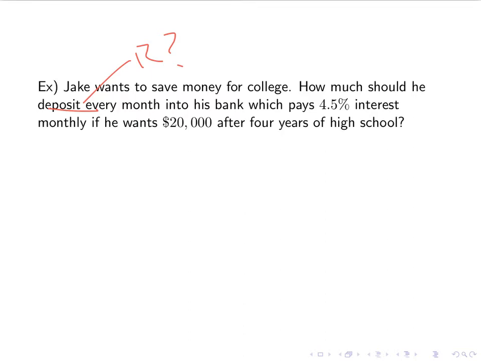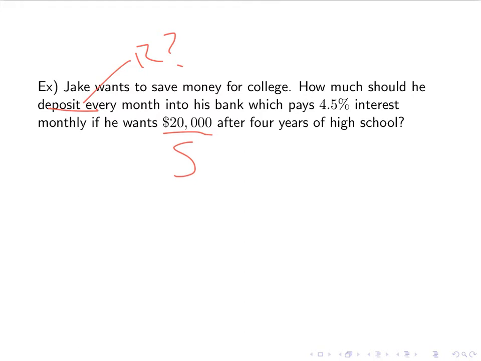He's saving up money. He wants this $20,000 after the interest. So that's the future amount. That's S. Okay, so I know that I'm solving for R, knowing S. So that means I am in the top part of those four equations that we have left.